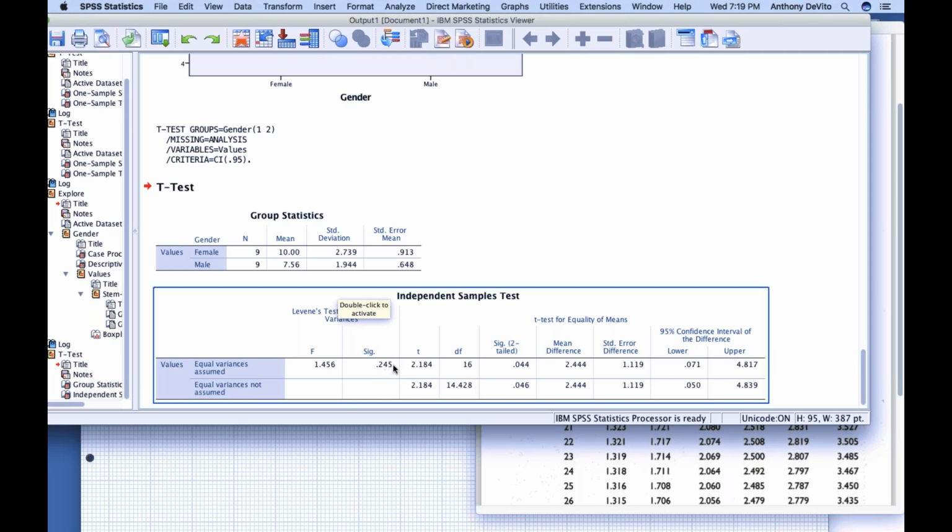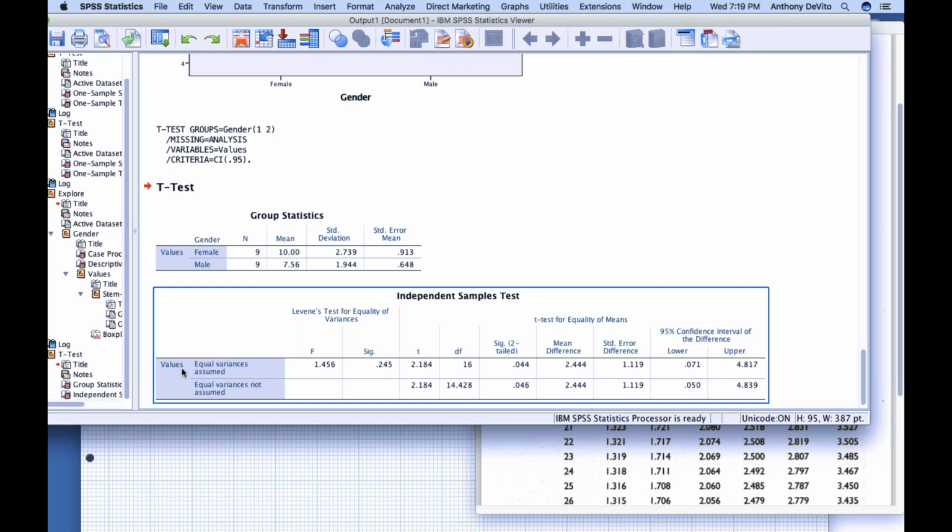If I look at this number, if it's less than 0.05, I say to myself, I'm willing to risk rejecting the idea that there are equal variances and using the second line, which is unequal variances. In this case, the probability is 24%, which is too high a rate of error for me. It's not less than 5%.